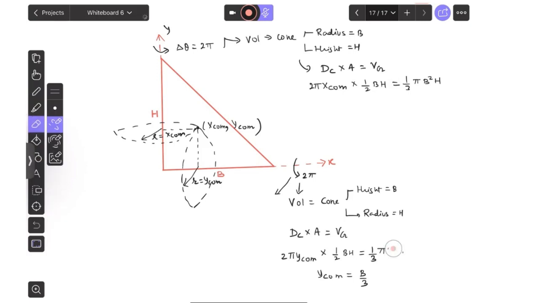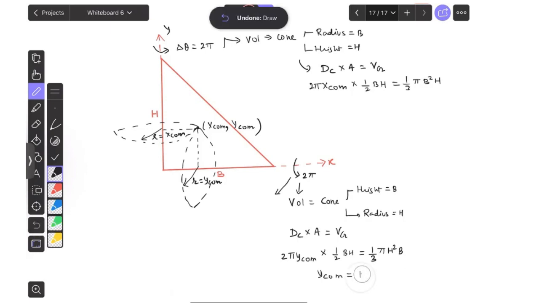Here radius was h, no? So radius h square, height is b, so it's going to be equal to b h by 3, it will come h by 3. And here radius is going to be b square, so xcm is going to come b by 3.